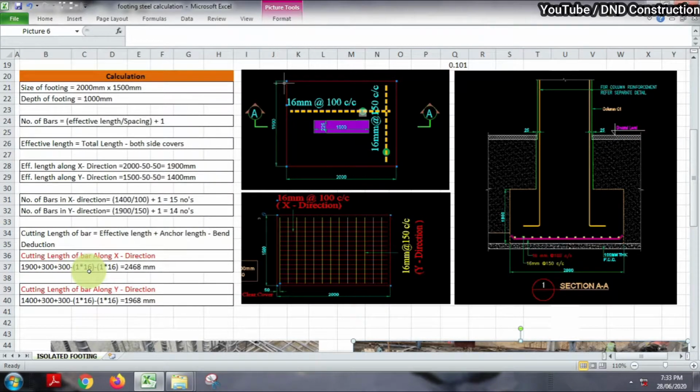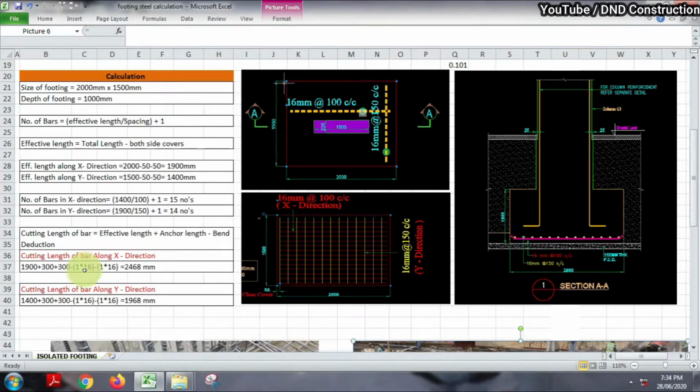As you know friends, I have explained as per IS code, for 8 mm, 10 mm, 12 mm and 16 mm dia of bar, bend deduction is 1D, and for more than 16 mm dia bar, bend deduction is 2D. This is as per IS code. You can refer to my video to know how this value comes.